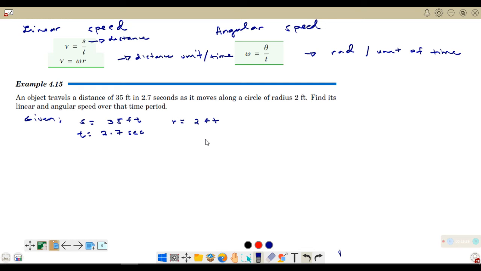So, dito, ang given lang natin na formula ay tatlo. We have V is equal to S over T, or the linear speed is equal to the distance over time. And obviously, since we have both S and T, we can instantly solve for V. So, let's solve for V, or the linear speed. That is equal to 35 feet over 2.7 seconds. Get your calculator.